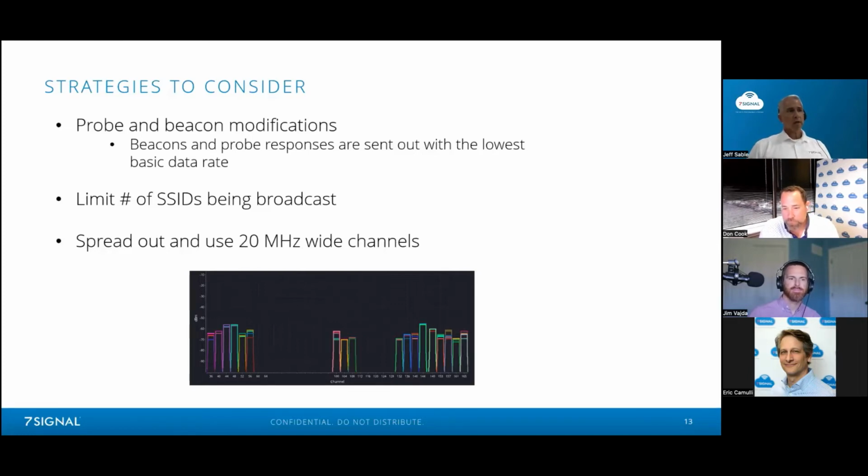Rarely can any of my customers truly take advantage of 80 megahertz wide channels, but in general, I always advocate more lanes on the highway, as Eric Kamuli might say, 20 megahertz wide channels. Again, we're trying to solve the problem of high density areas, and 20 megahertz wide channels is probably a best practice to have in place anywhere there's high density.